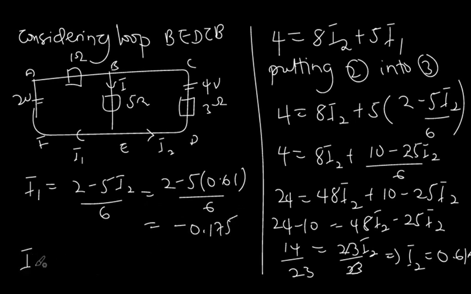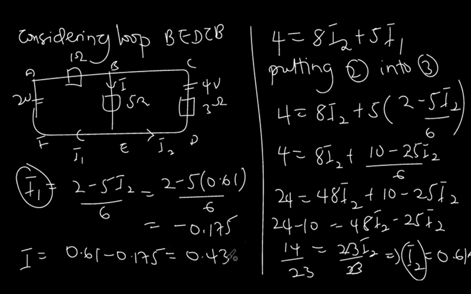So which means our current I, which is I1 plus I2, will give us 0.61 minus 0.175, and this is giving us 0.435. So it means our current I, which is flowing through the circuit over here, which is what the question is asking us to find, is 0.435 amperes.